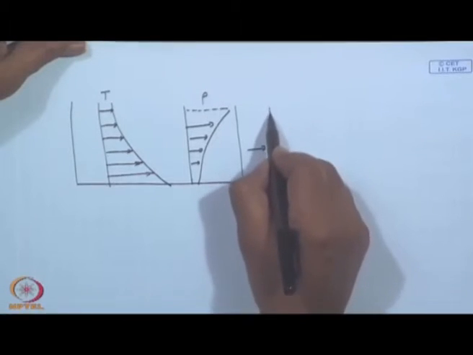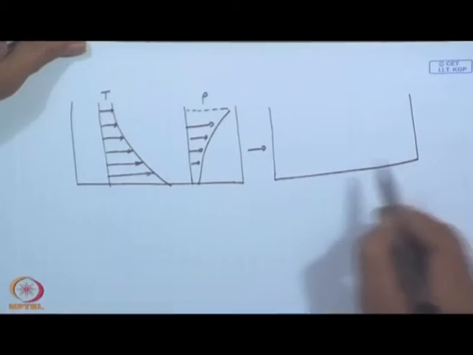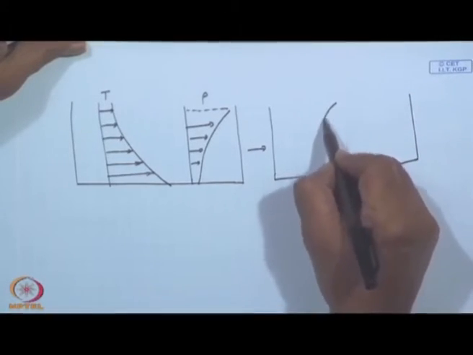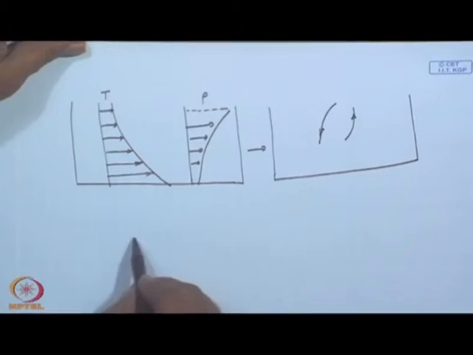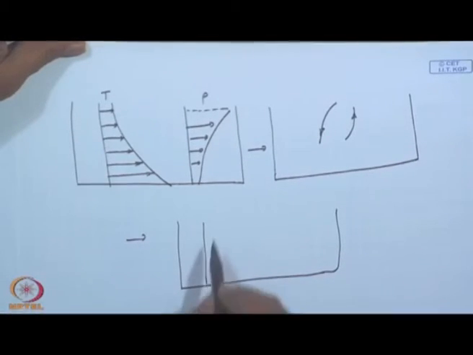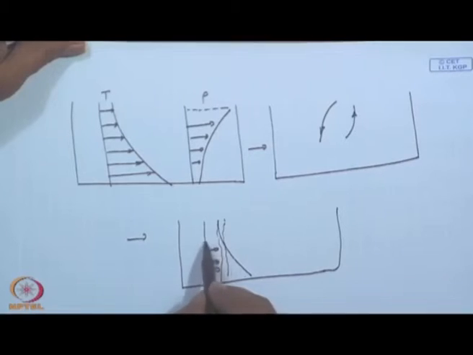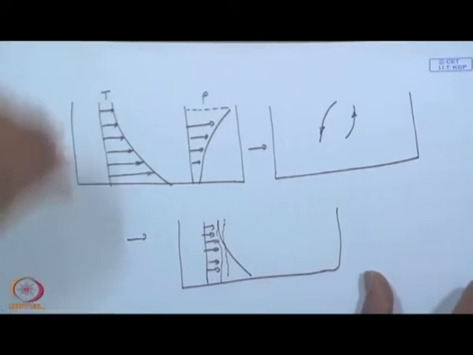This leads to cooler, denser fluid coming down and hotter, lighter fluid going up, leading to a more or less this initial temperature becoming something like this. In fact, it does not increase, it will only become this much. Right, this is continuously what is happening in the natural lakes.